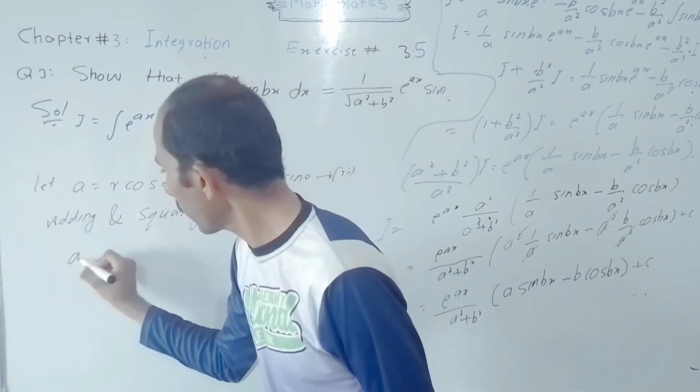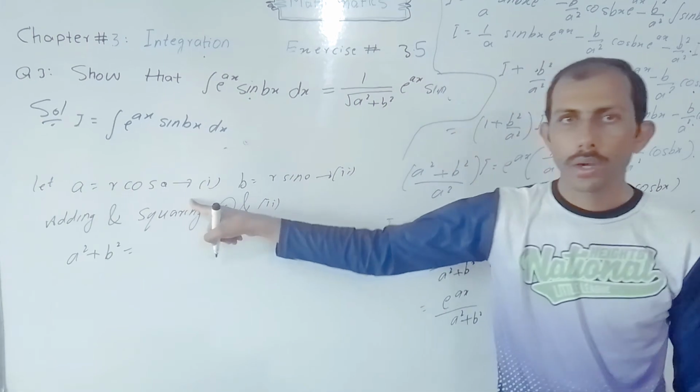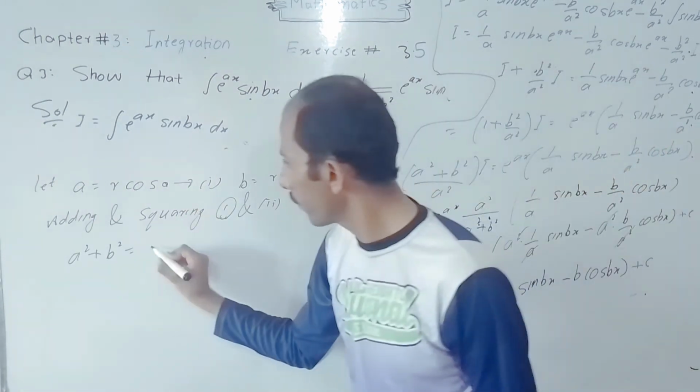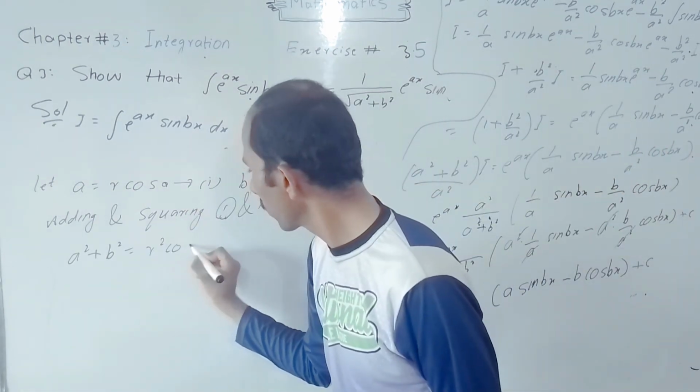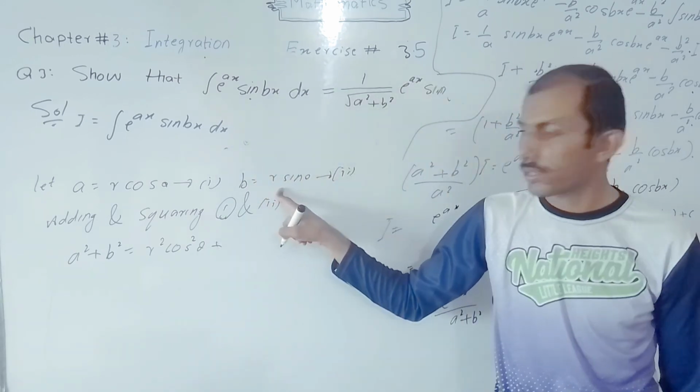So a square plus b square is equal to r square cos square theta plus r square sin square theta.